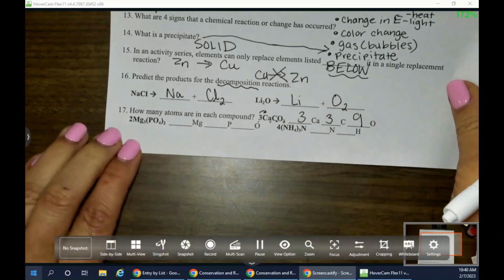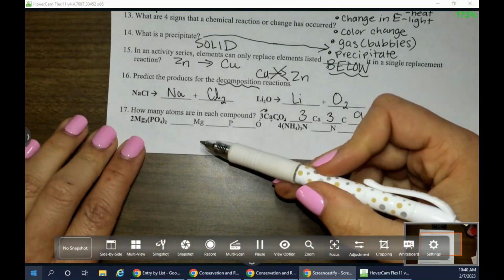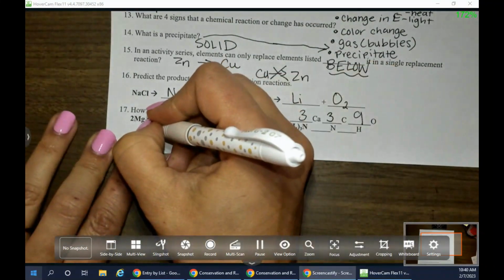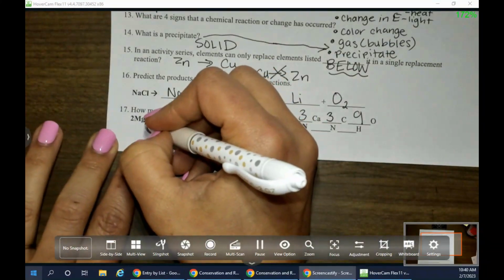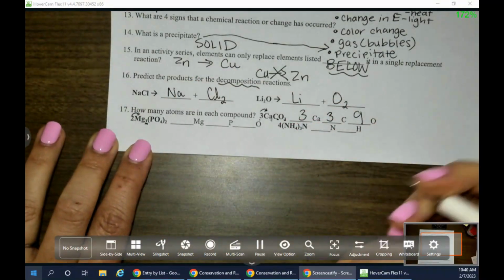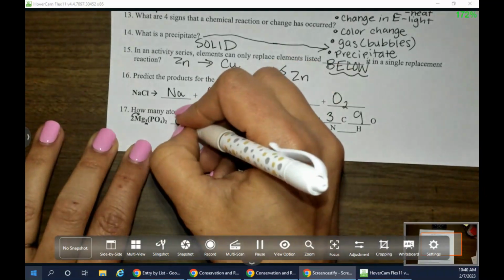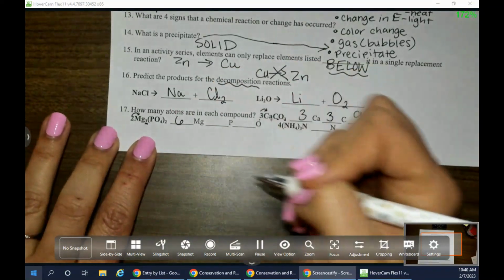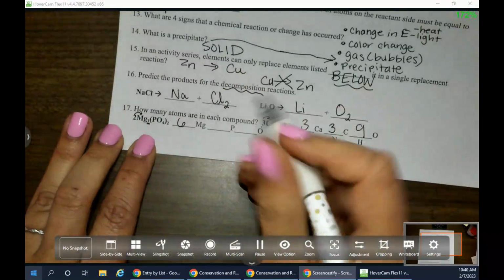All right, next section. We have magnesium. So magnesium has a little 3 next to it. So we have 3 times the 2 in the front. How many magnesiums? 6. All right, phosphorus. So now we have parentheses, so make sure you're keeping up, okay?